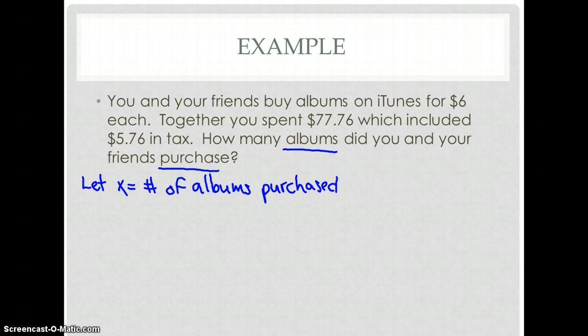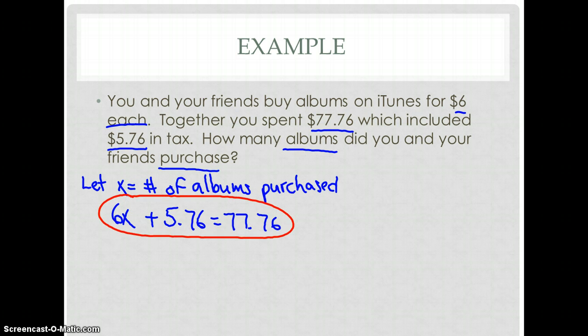It's $6 per album, so that'll be our 6x plus our tax, $5.76. That'll get us our total of $77.76. Again, that's the model we were looking for.